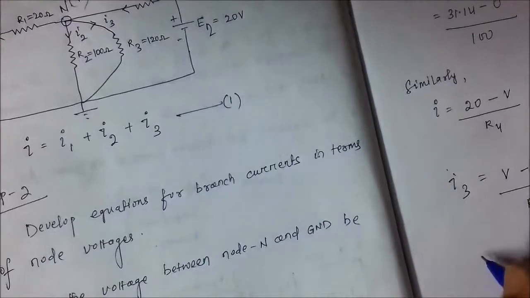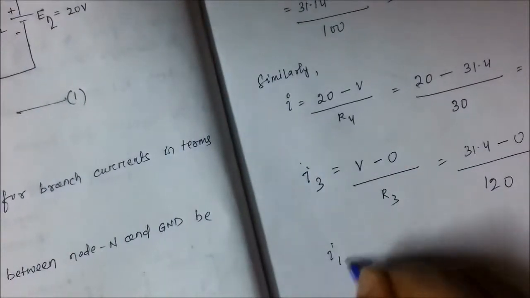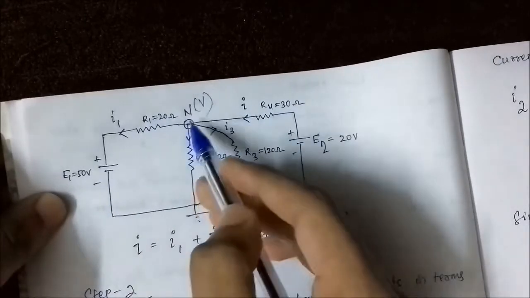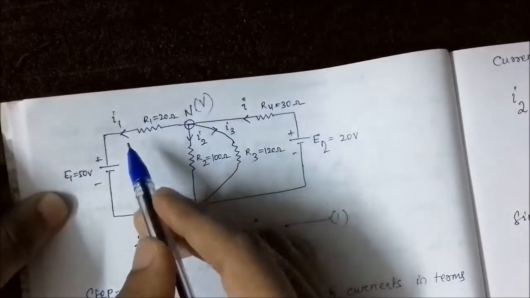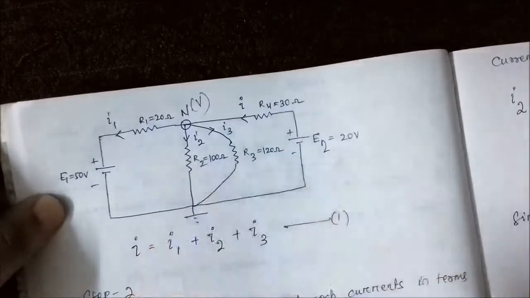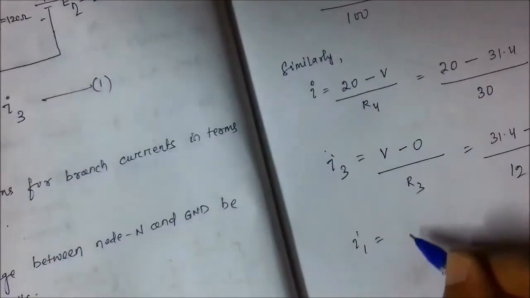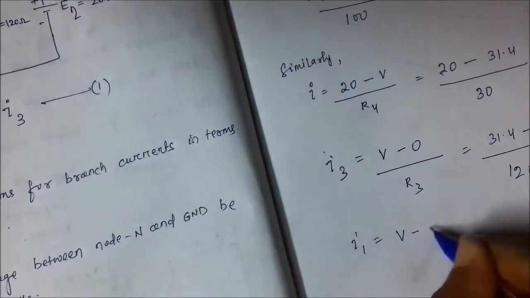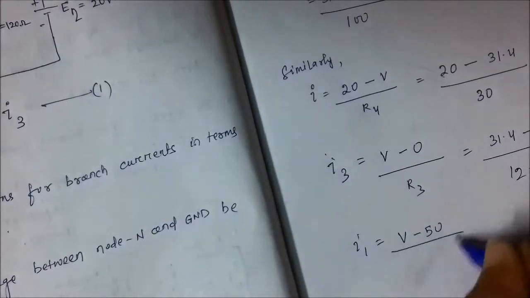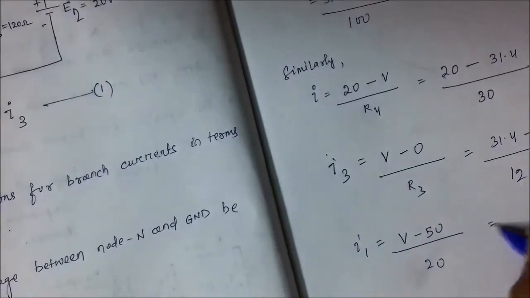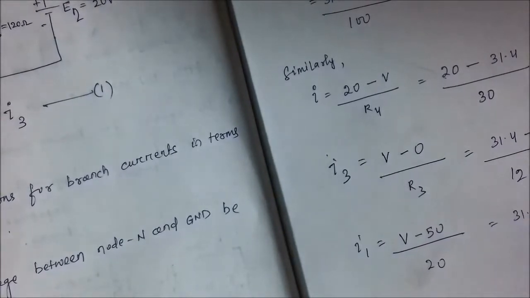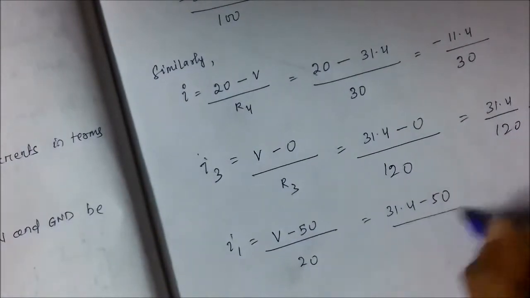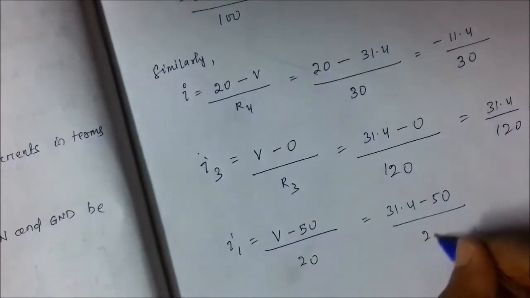Similarly, I1 is equal to V, higher potential to lower potential, as the current flows. We are taking the assumed direction now, and whatever sign comes out, we will see. So it's V minus 50 by 20, which is 31.14 minus 50 by 20.